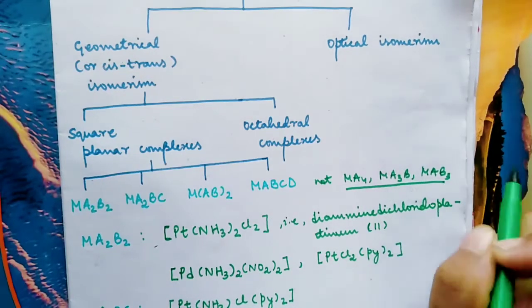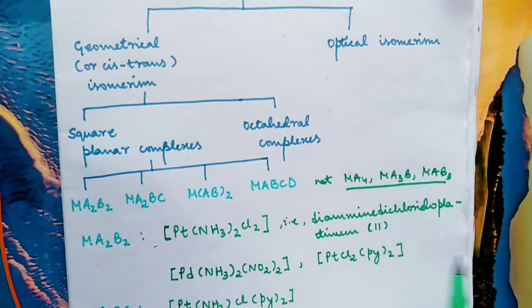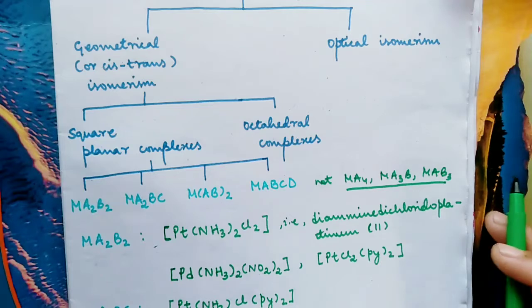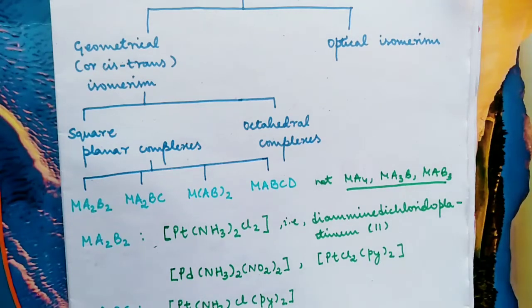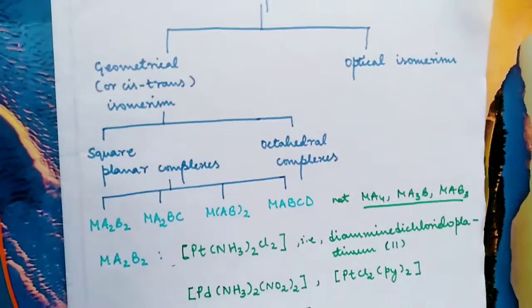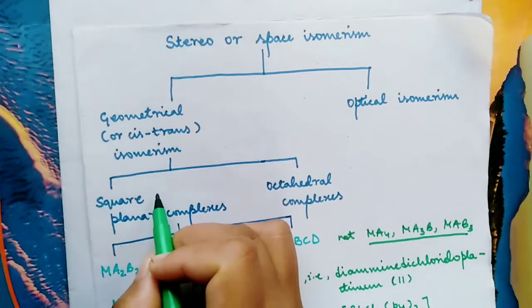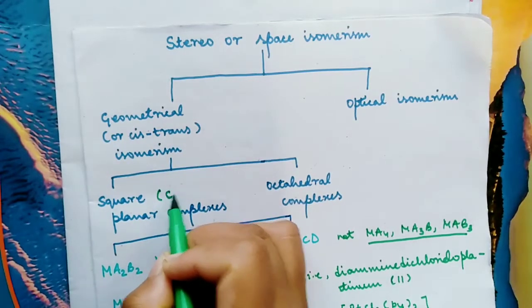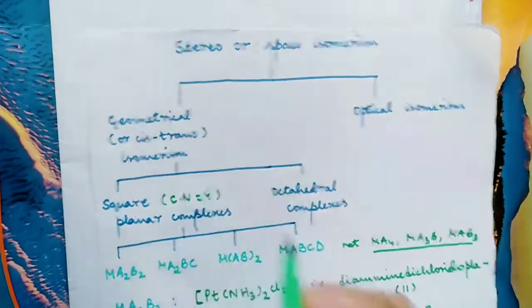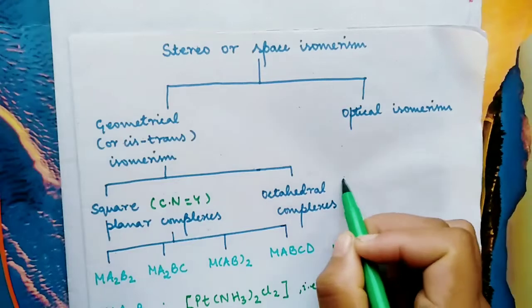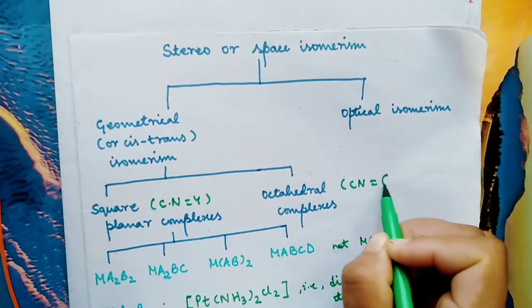These three types will not show the geometrical isomerism even though they are square planar complexes. Okay, square planar complexes are those with coordination number equal to 4, whereas the octahedral, the coordination number is 6.